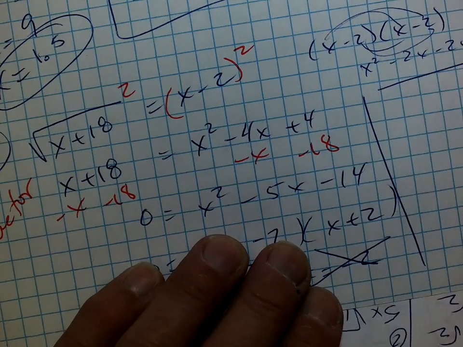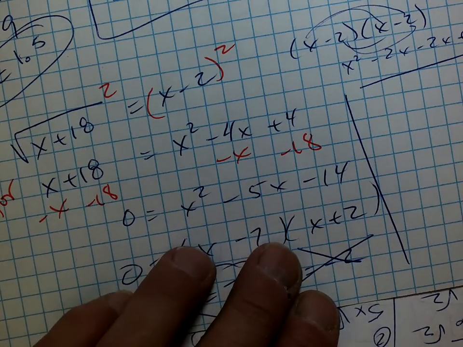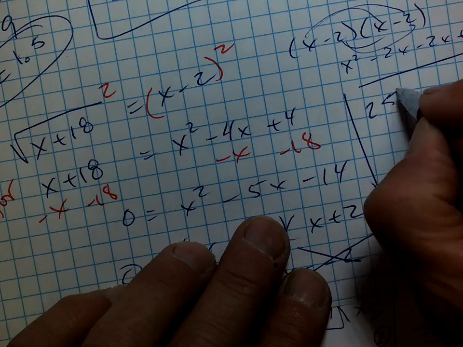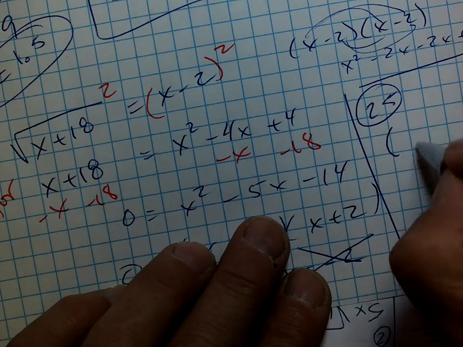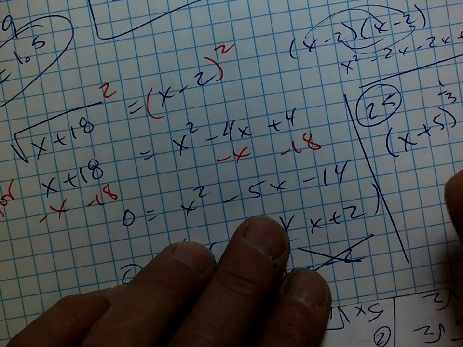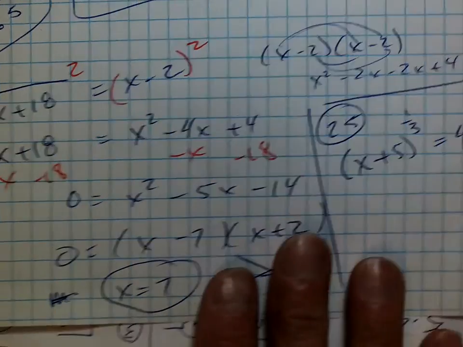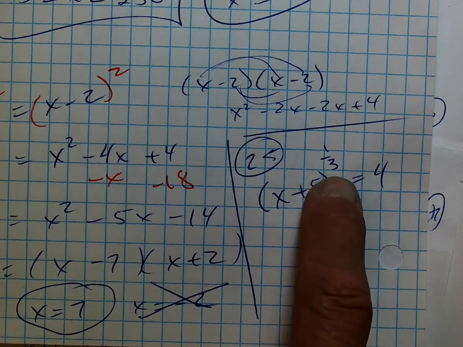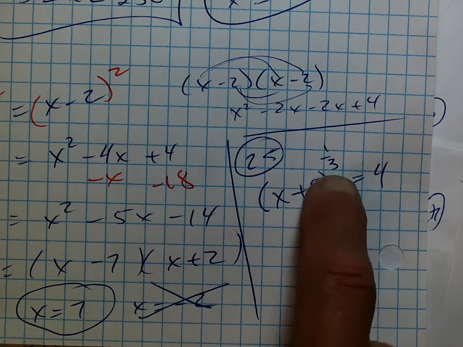Slide this. This one actually can fit in here super easy, okay? 25 looks hard, but it's so easy. 25, easy squeezy. I've got x plus 5 to the 1/3 equals 4. Okay, how do you think we should undo the 1/3 power? Cube it. Shouldn't we just cube it?